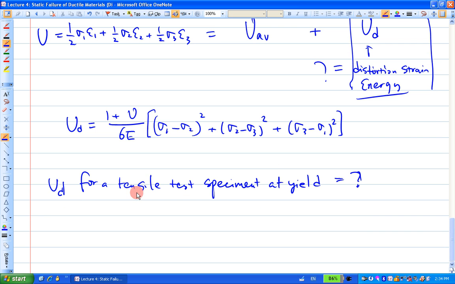So for a tensile test, at yield, I basically get back to the basic tensile test. When it's yielding, what is the value of sigma 1, sigma 2, and sigma 3 under this situation?